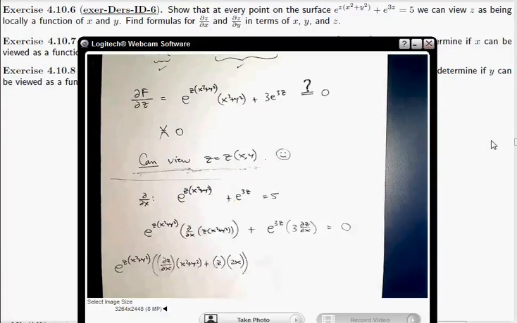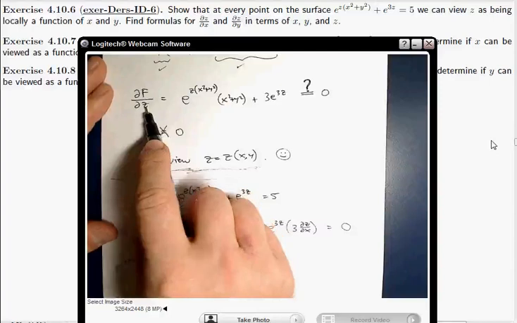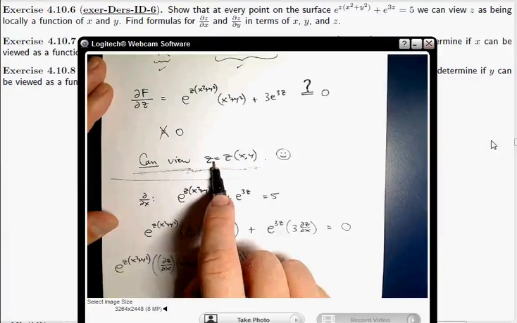Yeah, it is very confusing. And what always used to weird me out on these kinds of problems is that here I was taking a partial derivative with respect to z, and it kind of felt like, well, that means z is an input variable. How can I view z as an output variable here? And what was happening is I didn't really realize, this is before I had seen the implicit function theorem, I had just seen implicit differentiation.